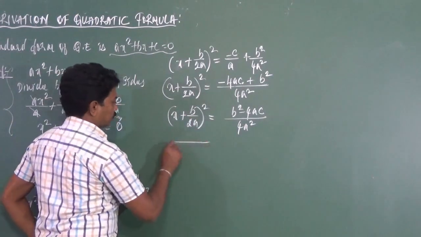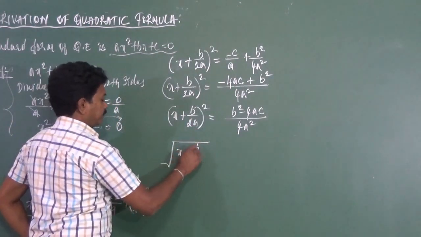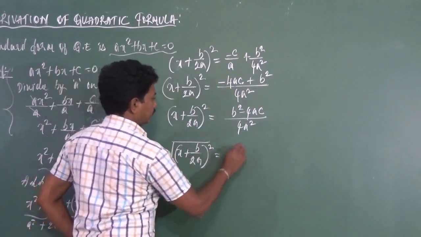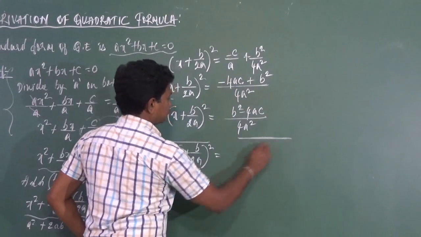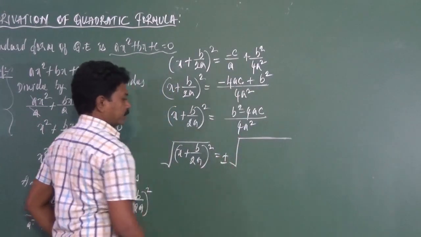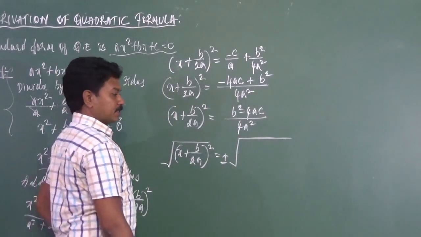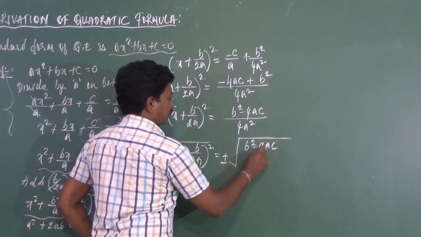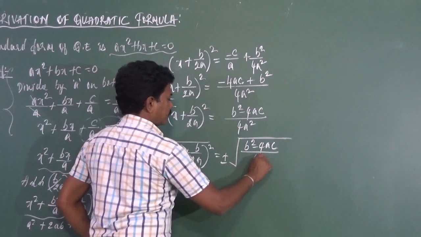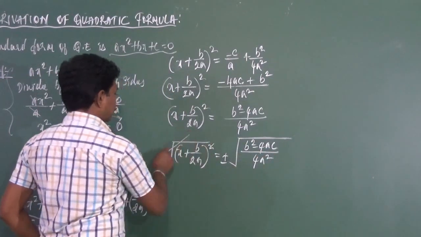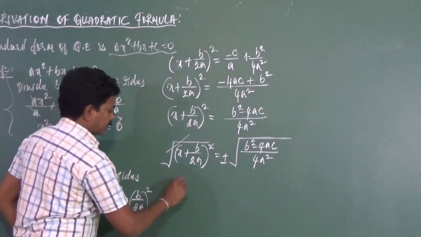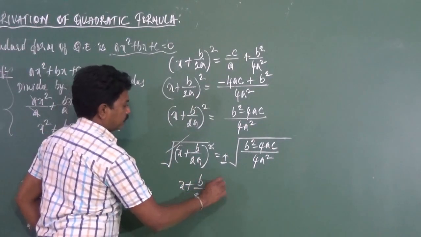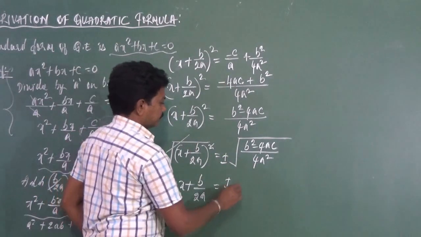So square root of x plus b by 2a whole square is equal to plus or minus, I am going to write the sign here, right? Plus or minus square root of b square minus 4ac by 4a square. So square and root cancel. So you are left with x plus b by 2a is equal to plus or minus.